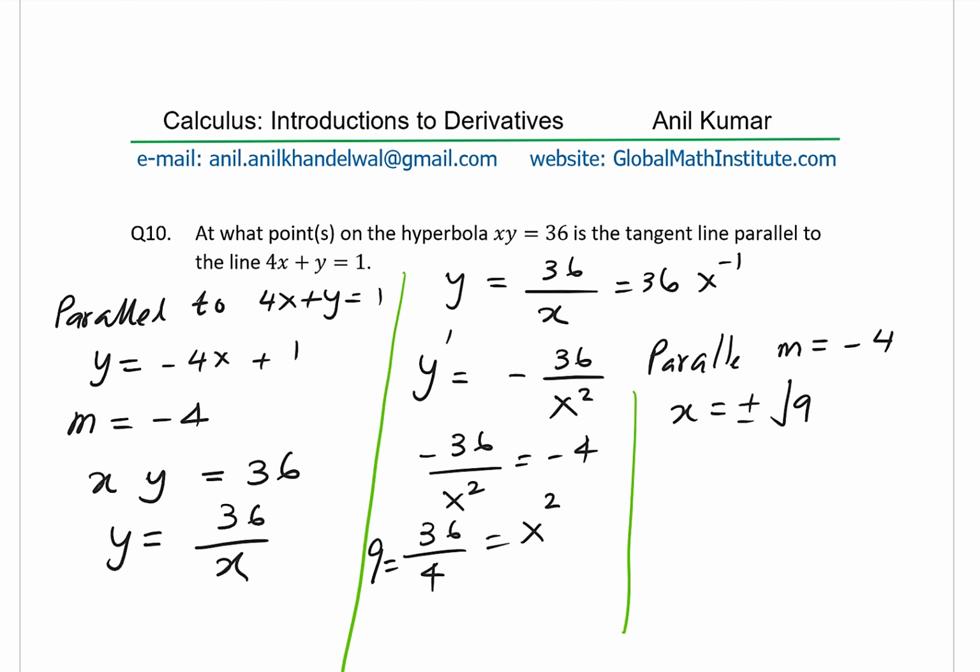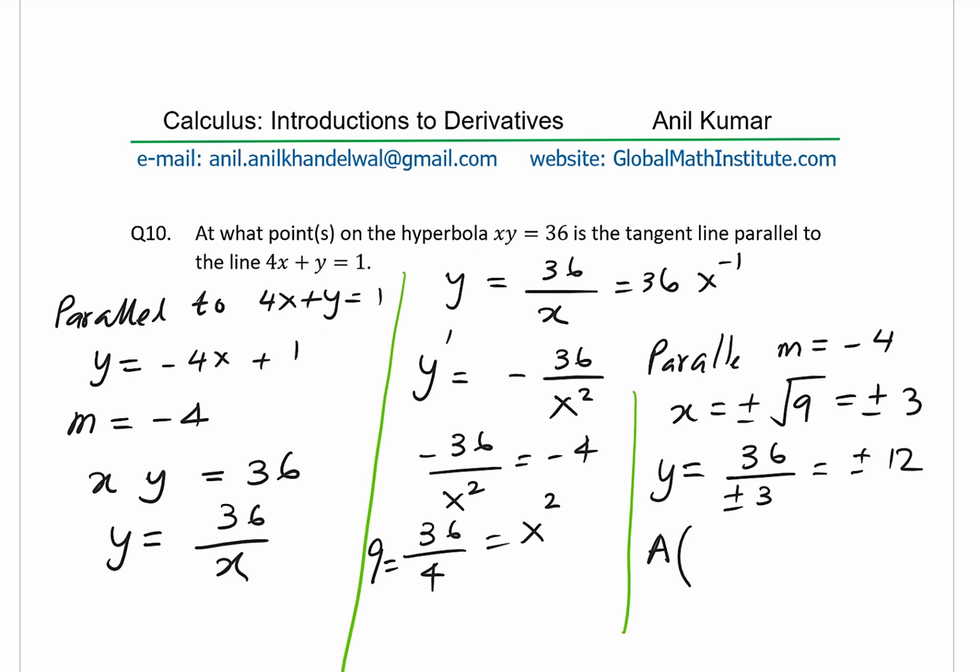Don't forget plus and minus. Both. There are two answers to this, right? So 2 x values. Perfect. Now if x is plus or minus 3, we'll get two different y values. So y equals 36 over plus minus 3, and when you divide this, you get plus minus 12.